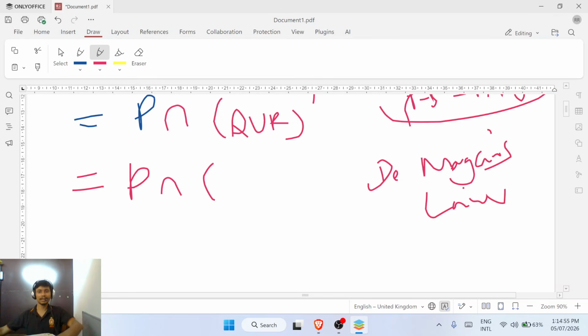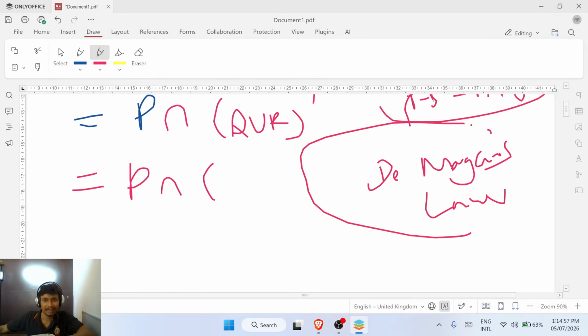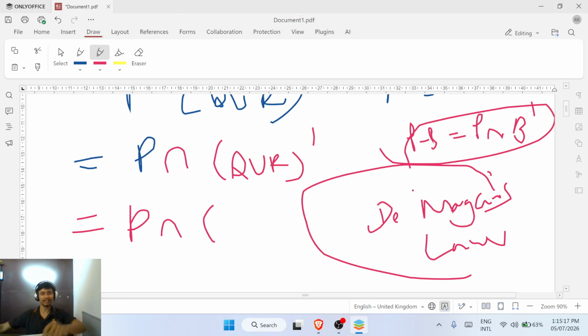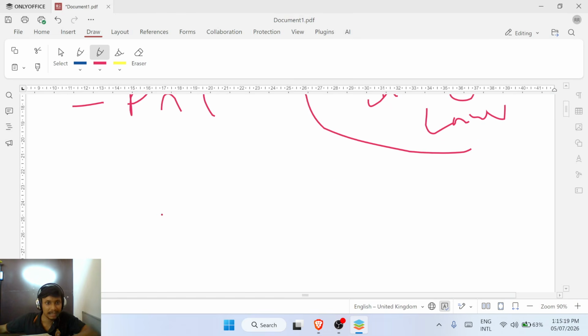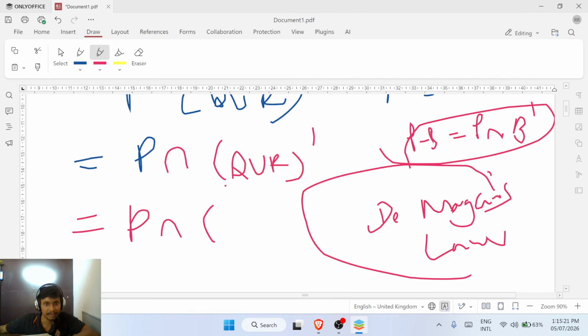In our engineering mathematics, there are two laws in De Morgan's law: one is De Morgan's first law, the second one is De Morgan's second law. But mostly we don't specify whether it is the first law or second law. We commonly write just De Morgan's law. Here P intersect (Q union R) dash.